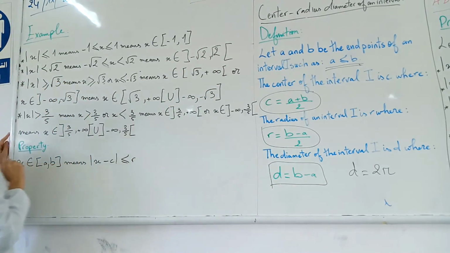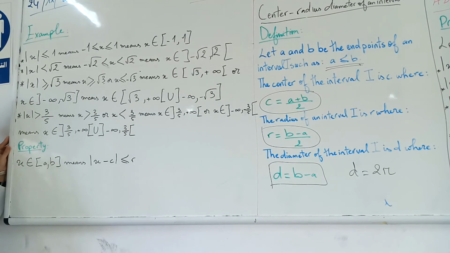Here you have absolute value of X bigger or equal square root 3. It means X bigger or equal square root 3 or X less or equal minus square root 3.